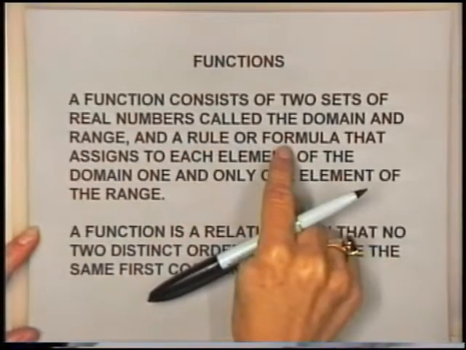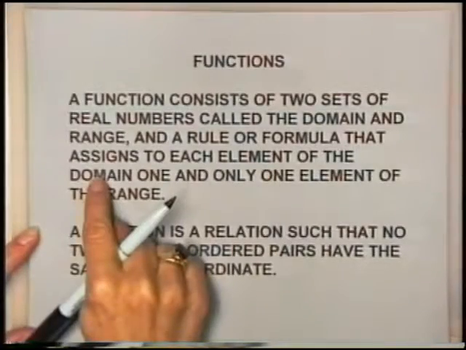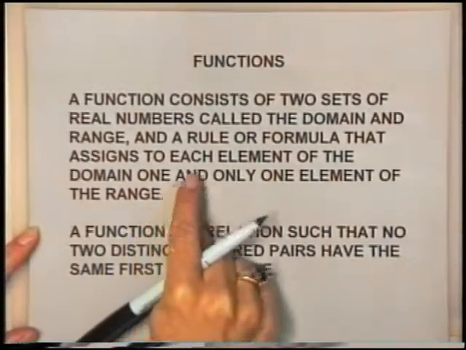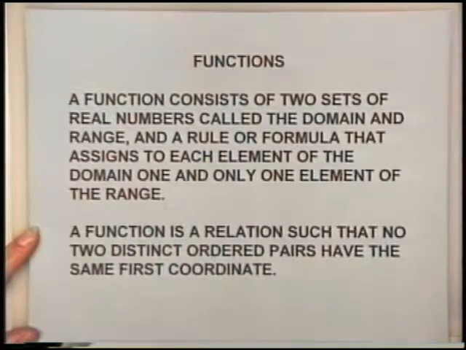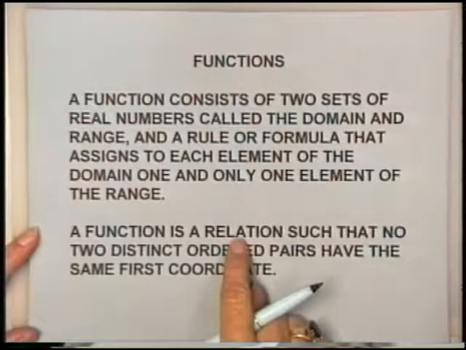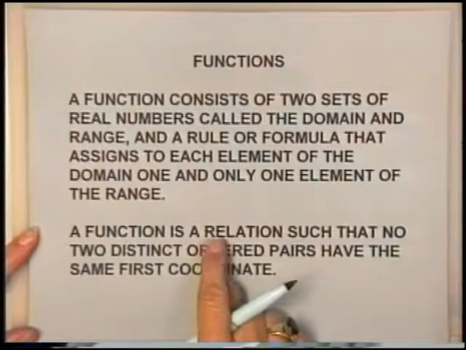We have a rule or a formula that assigns to each element of the domain one and only one element of the range. So our formula is assigning an element from the range to the domain, or it's creating ordered pairs. So a function is a relation is saying that a function is also a set of ordered pairs, just like a relation was.